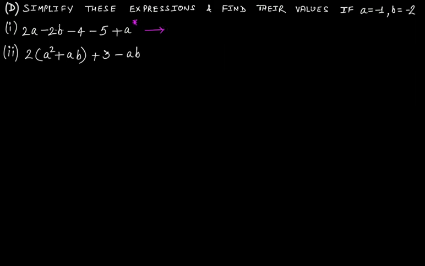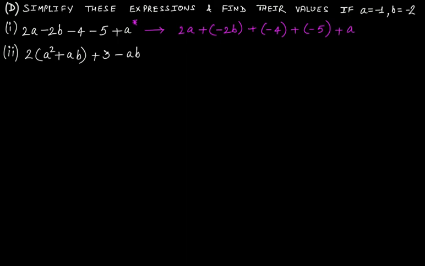So this is 2a. So let's rewrite this: 2a plus, within the bracket, minus 2b. I have always recommended that whenever you are writing the expression, always put the negative terms within a bracket. Then this is plus minus 4 plus minus 5 and this is plus a.